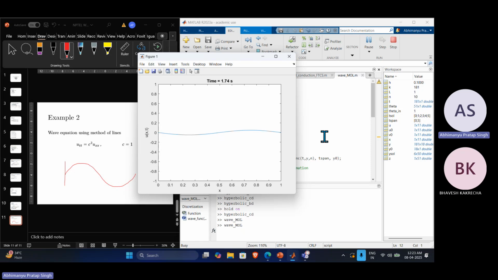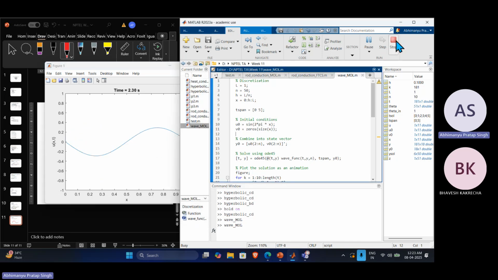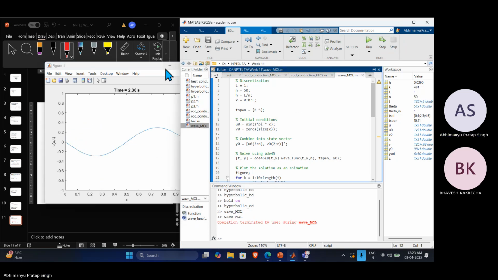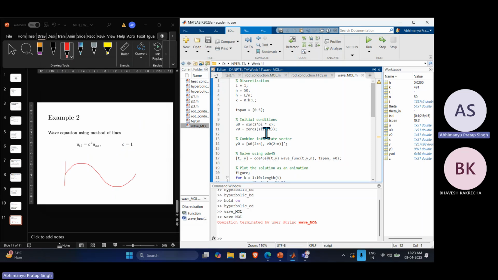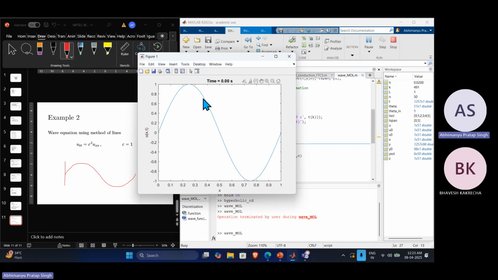So this will run till t is equal to 5 seconds. Even if I stop it, just decrease this pause to 0.025 seconds. So this is our initial condition, and I'm not giving any velocity, just the initial condition, and then it's doing that.